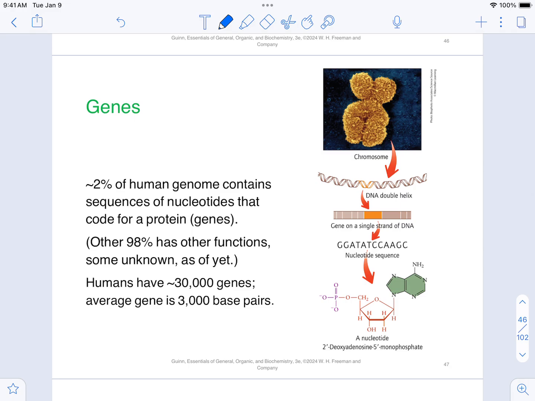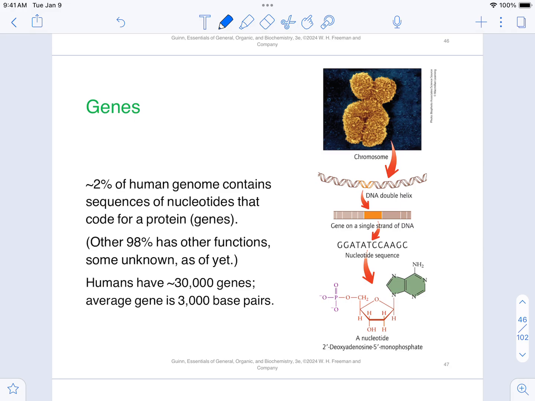If we are looking at our genes, a gene is just a segment of DNA that contains instructions for assembling a protein. That's probably worth writing down. A gene is a segment of DNA that contains instructions for assembling a protein.